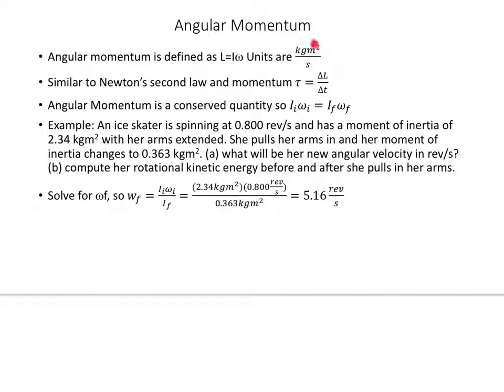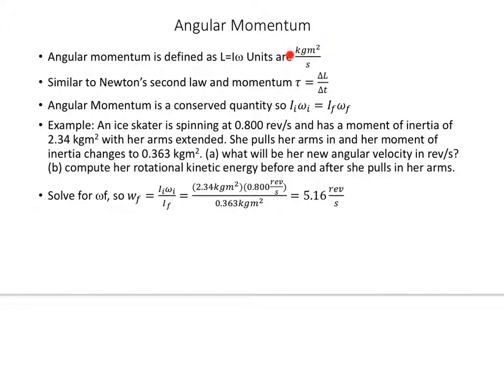The last topic is angular momentum. Now, angular momentum is defined as the product of moment of inertia times angular velocity. Usually the symbol is L, and again, notice the similarity between this equation and linear momentum, which was mass times velocity, mv.